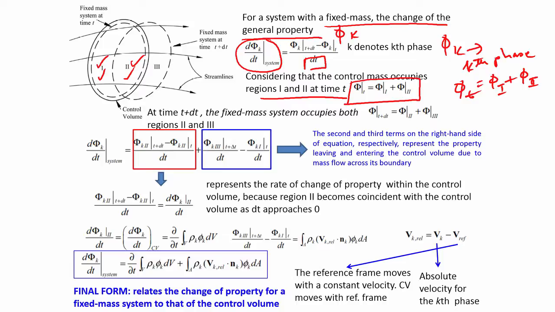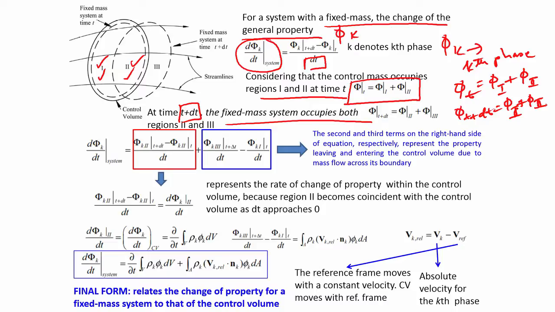Now, at time t plus delta t, what happens? After some time the fixed mass system now occupies 2 and 3. Do you see that? It has moved from 1, it is now occupying 2 and it is occupying 3. So, phi at t plus delta t is now basically phi 2 plus phi 3, correct.